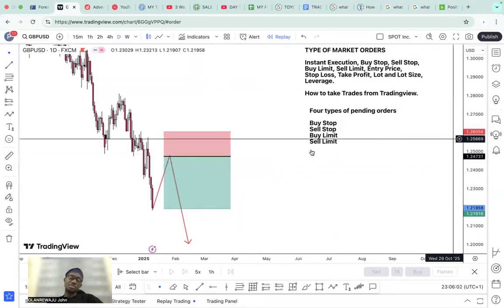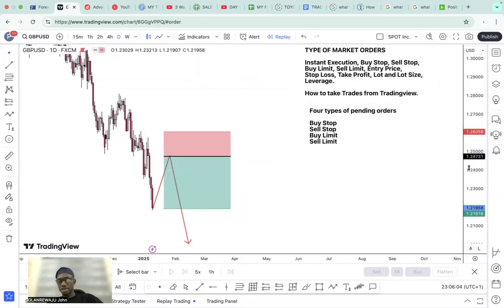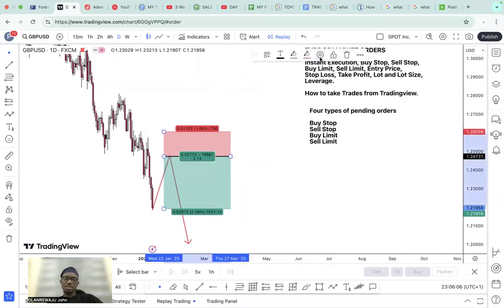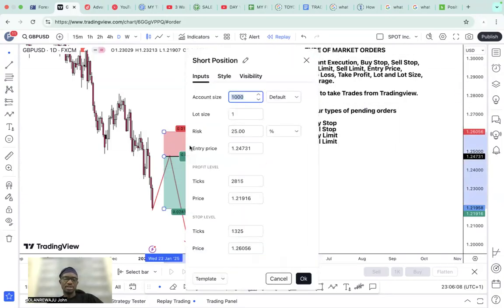Depending on the setting you have, the parameters may not show here, but when you click on this setting icon, you should still see everything. This is your entry price. This is your take profit price, not ticks, but price. Ticks are what you use to set your stop loss in pips.